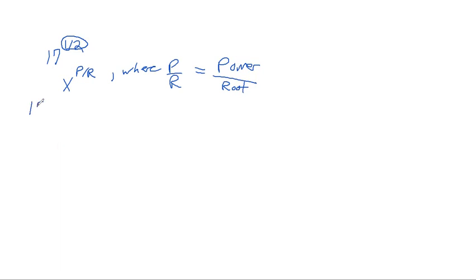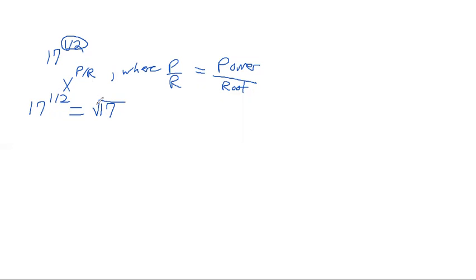So to write 17 to the 1/2 power as a radical, power over root: 17 to the first power, which is just 17, and then second root, so square root, because there's actually that little 2 right here.